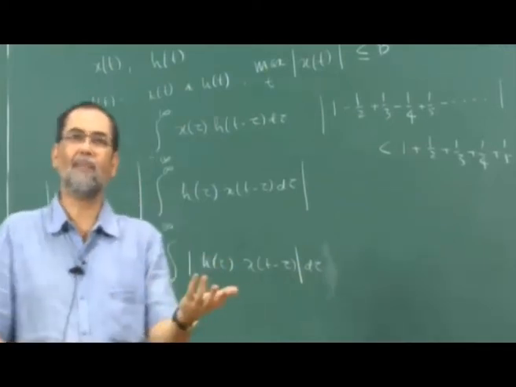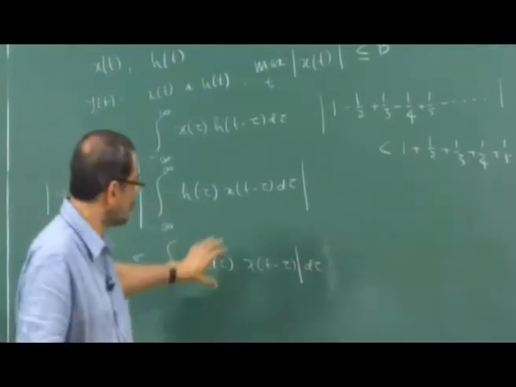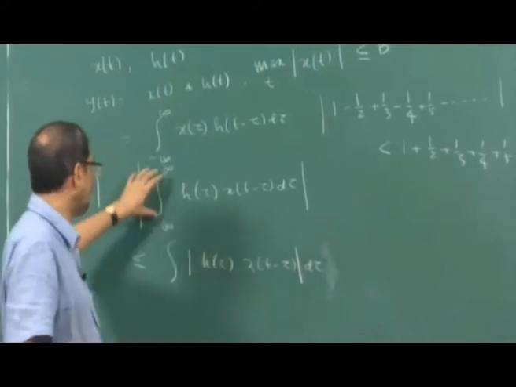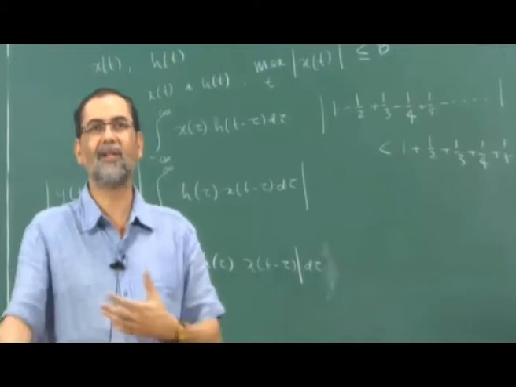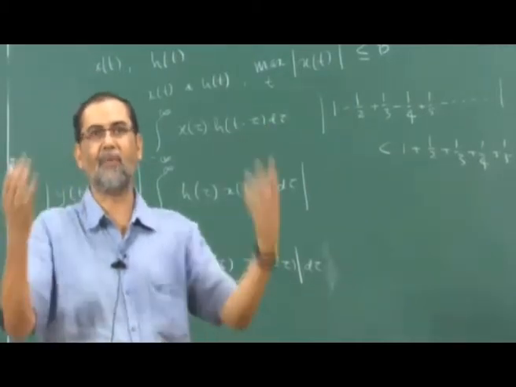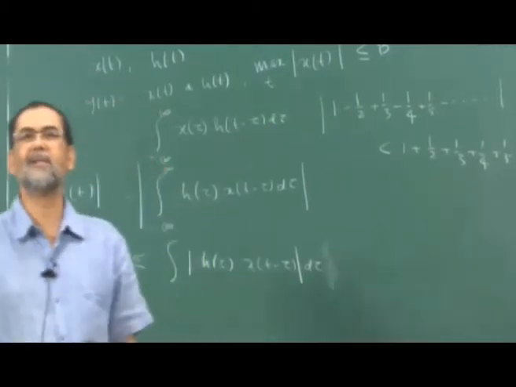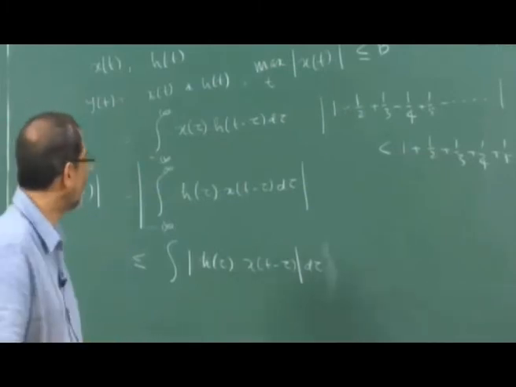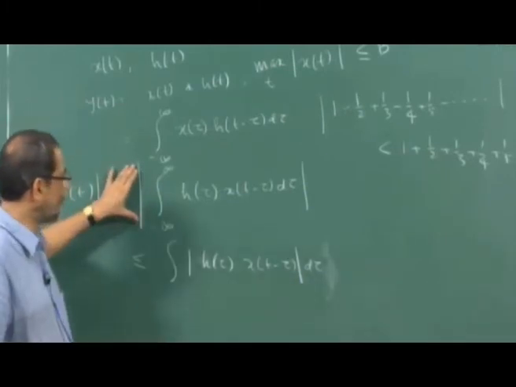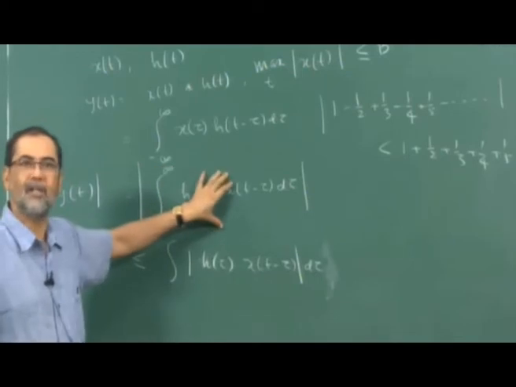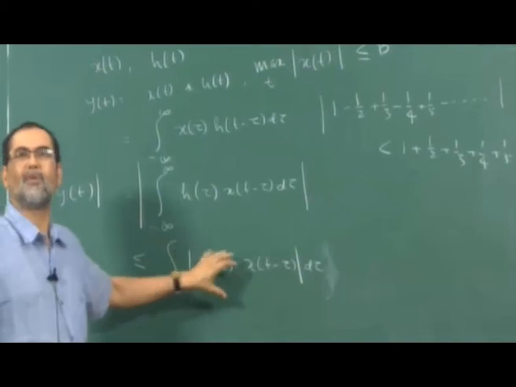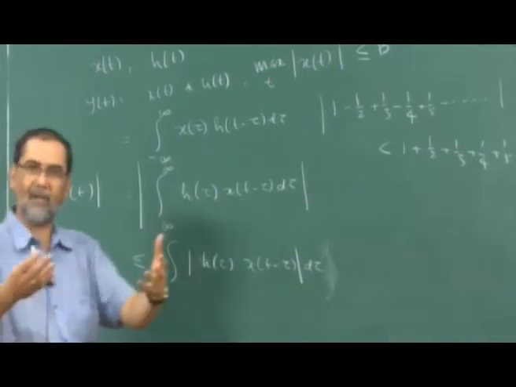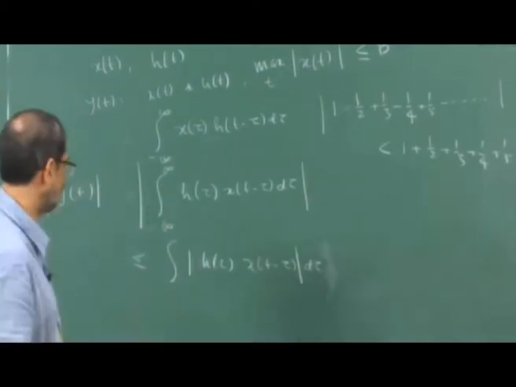I know that integration is isomorphic with summation. Integration and summation, we know from calculus, are similar operations. So the absolute value of the integration is less than or equal to the integration of absolute values. If there are questions, I'll take them up after the break.